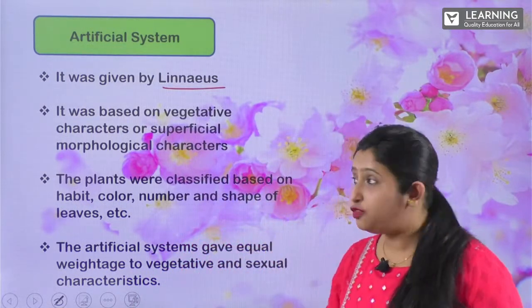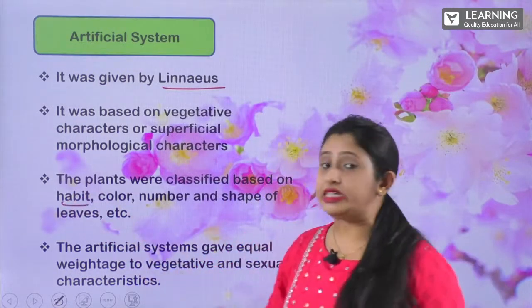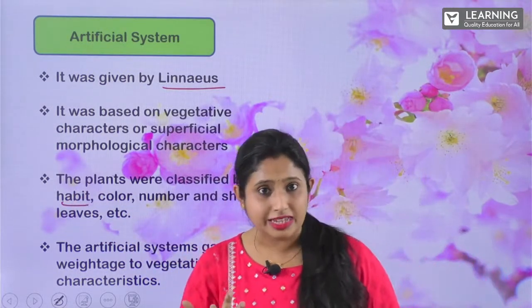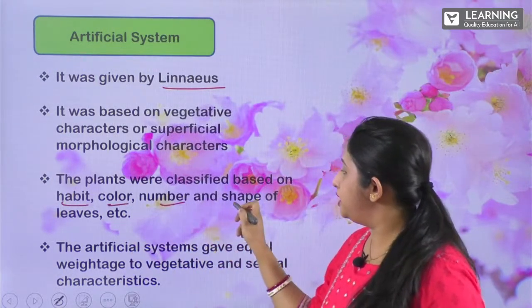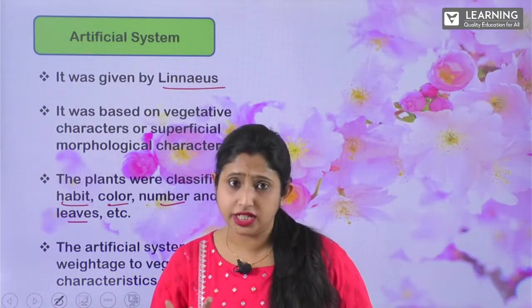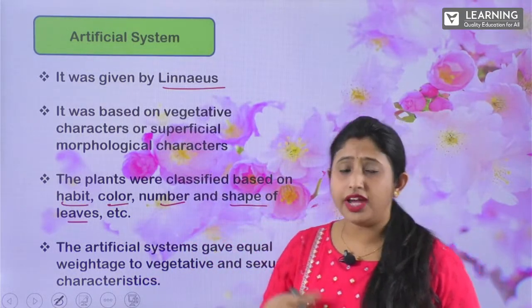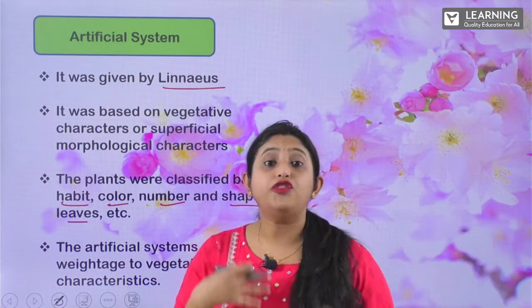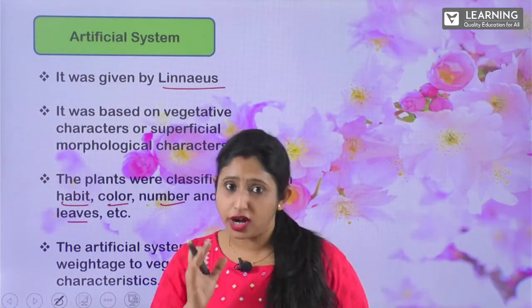Like what are the external features? He has seen the habitat of the plants, that is where the plant is living, then the color, number and shape of the leaves. Depending on all this morphology, you know what is morphology, right? Morphology is the physical appearance of an organism.